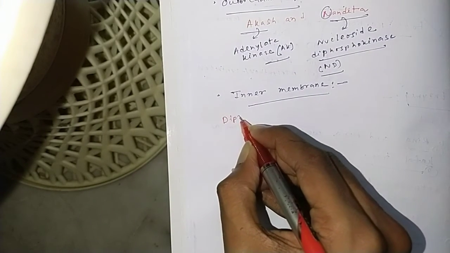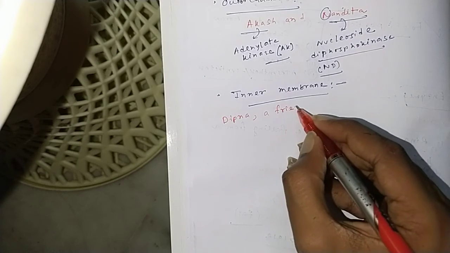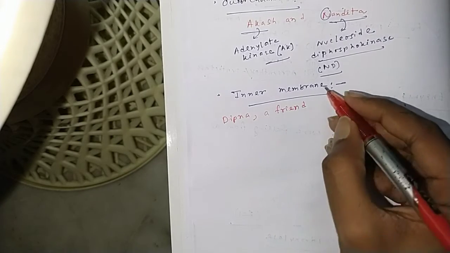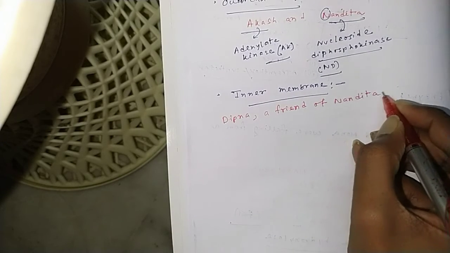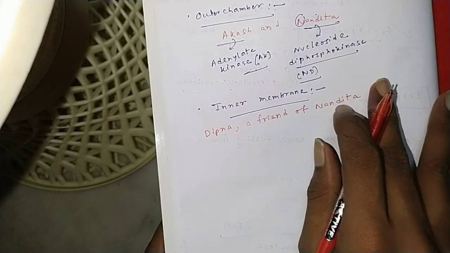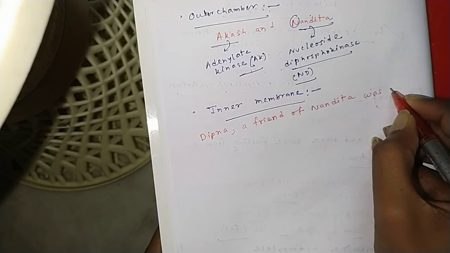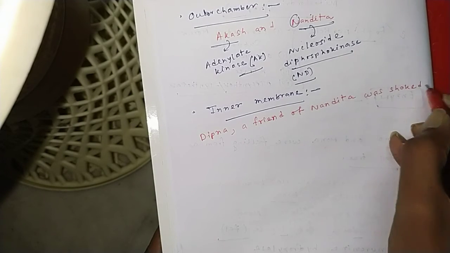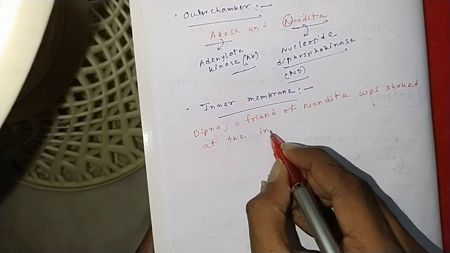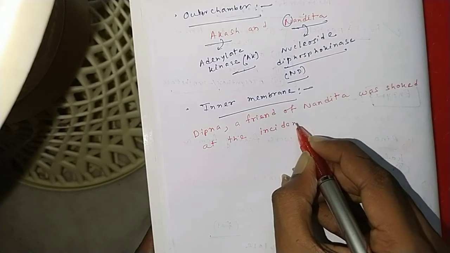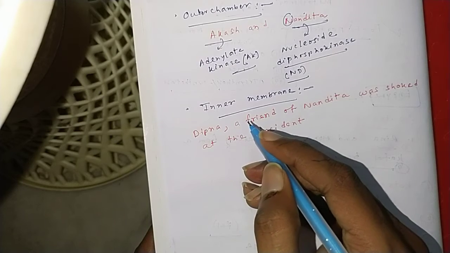Suppose Dipna is a friend of Nandita, and she was shocked when she heard of the incident.